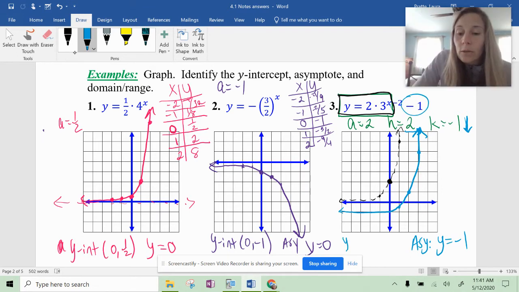And if you still need to know the y-intercept, we know the y-intercept of the parent function is 0, 2, but what do we end up with when we shift it? Well, that's where you really do have to just put the 0 into the original function with everything in there.